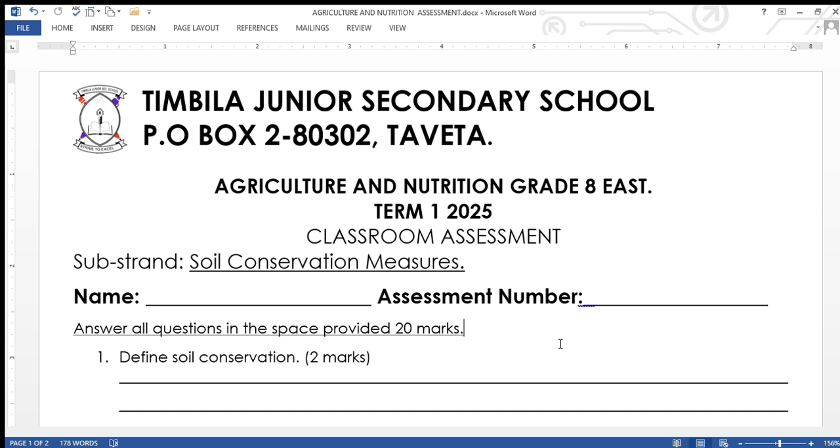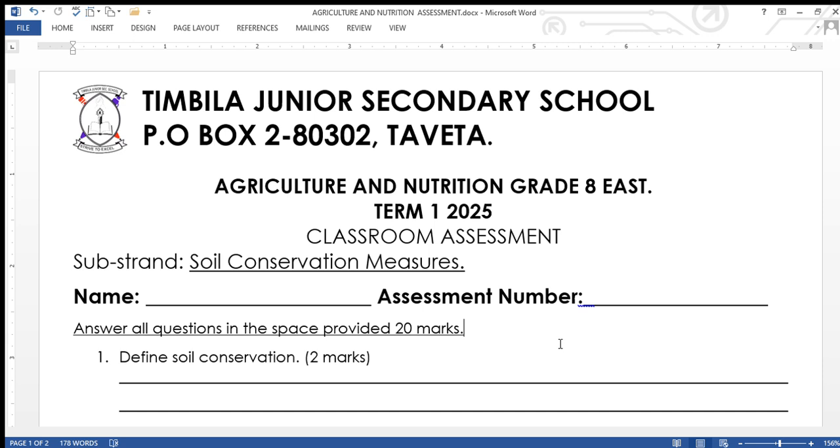From your discussion, soil conservation involves maintaining fertility of the soil by preventing soil erosion. Examples of soil conservation are strip cropping, grass waterways, stone lines, trash lines, and soil banks. Very good, group 7.